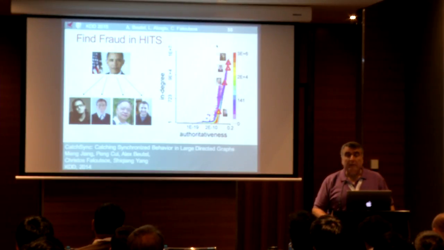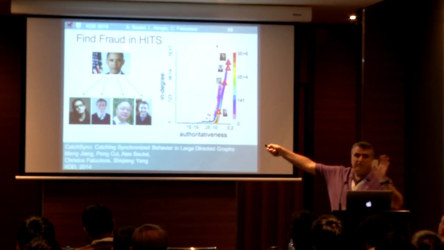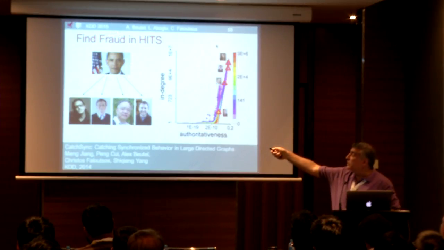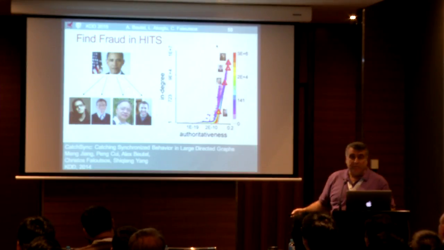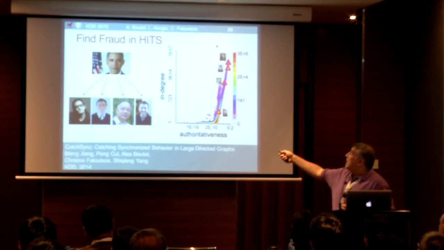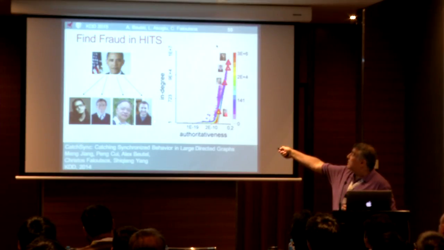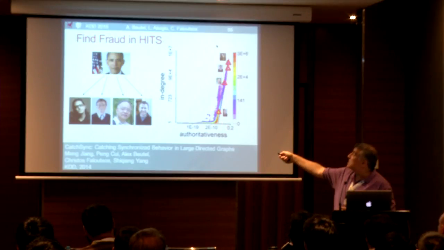Not only that, but we can also figure out things about a specific person. This is a fictitious example, of course. We don't know who is following whom. Suppose that this person is following these four people, again a fictitious example, and one of them is in the audience. We know that, let's say, Alex has such and such in degree and such authoritativeness. Jiawei Han, fictitious example, has such and such in degree, such and such authoritativeness.